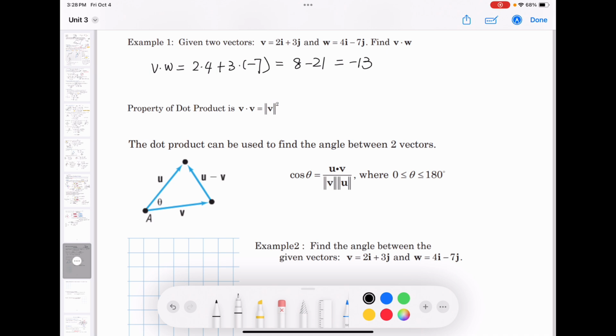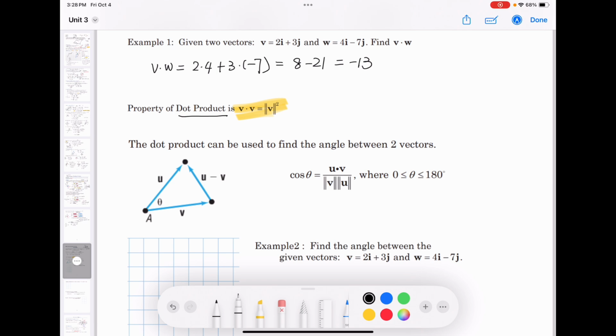Property of the dot product: if I have v dot itself, v dot v is equal to the magnitude of v squared. So let's memorize this. You can highlight this. The dot product can be used to find the angle between two vectors.